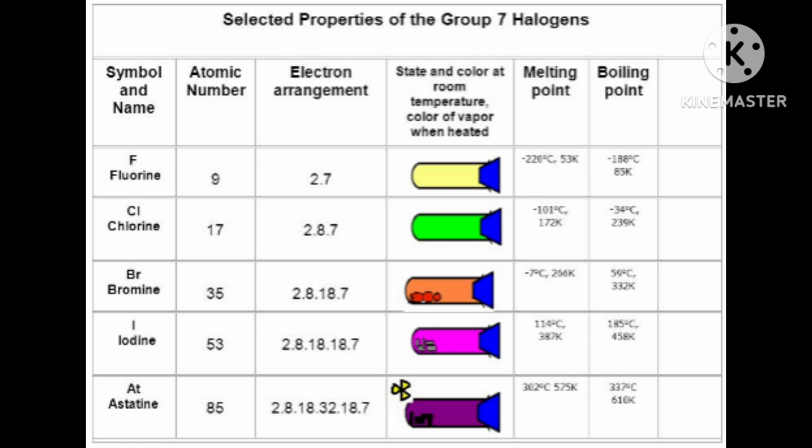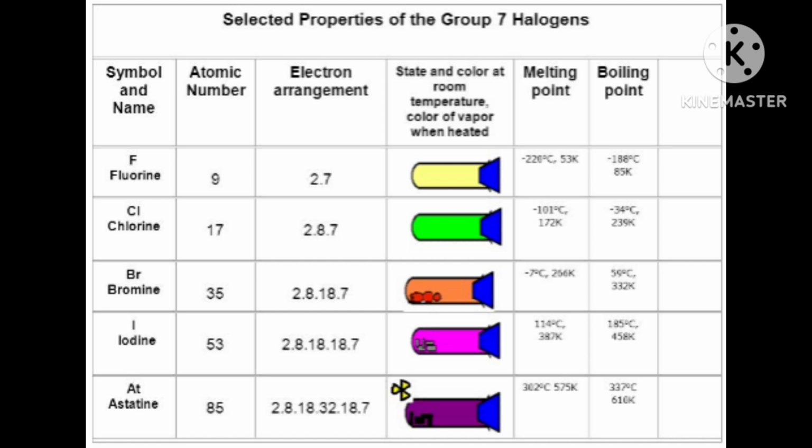Electrode potential means the tendency to lose electron or the tendency to gain electron. What is the potential? That potential I have told you is called standard electrode potential.